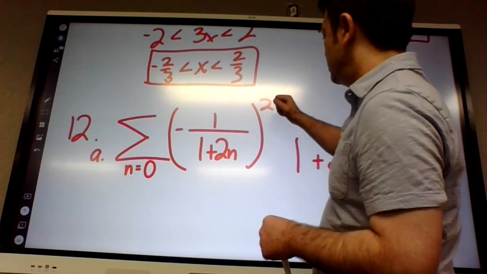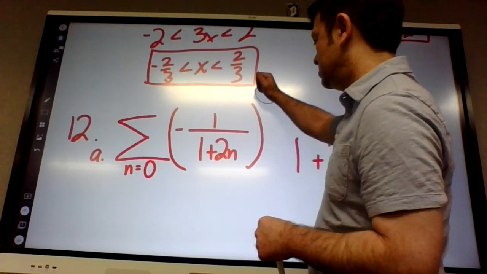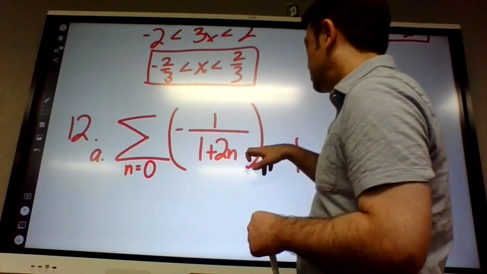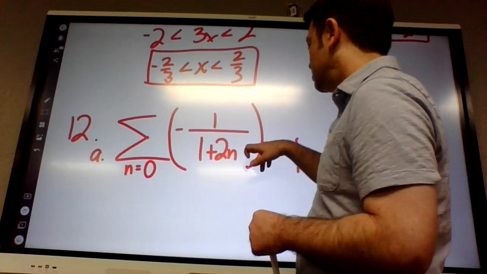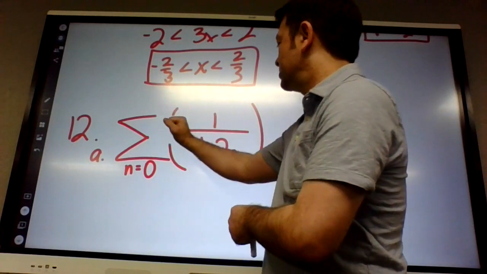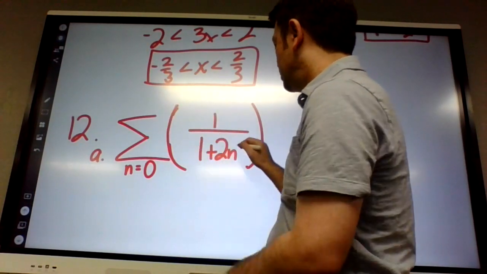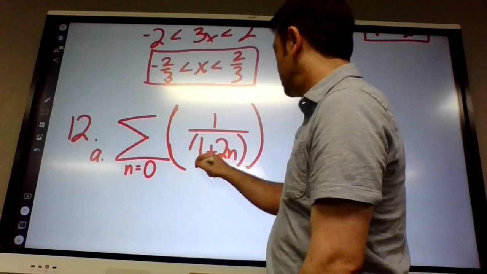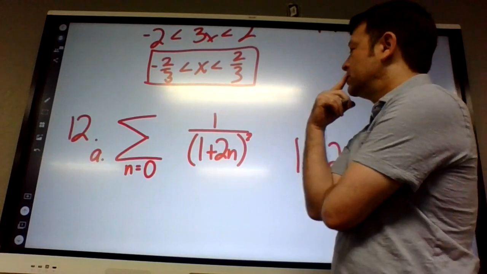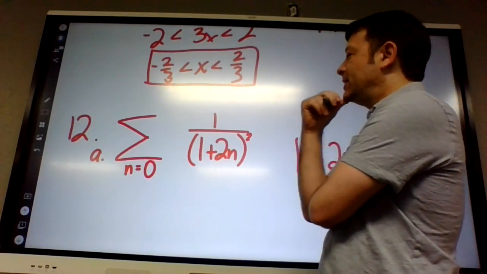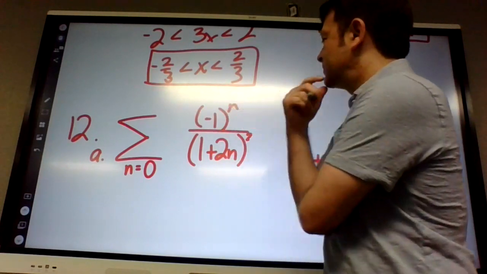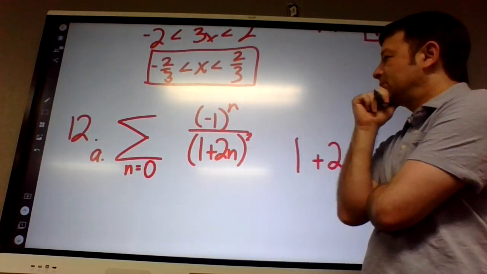We need... Where do I need to put that negative at? I'll put this back. To get it to jump from negative to positive, we have to do that.